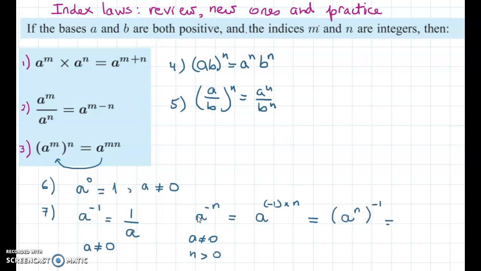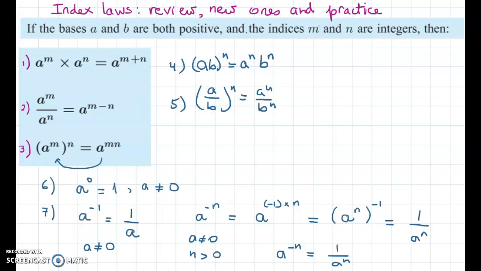And now, because we know how to do the negative power of a number, we need to do the reciprocal of the number. So I'm going to have 1 over a to the n. So my property says that a to the power of negative n is the same as 1 over a to the n. And that's our property 7.